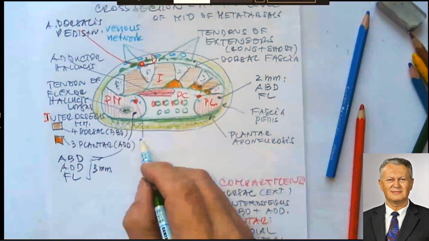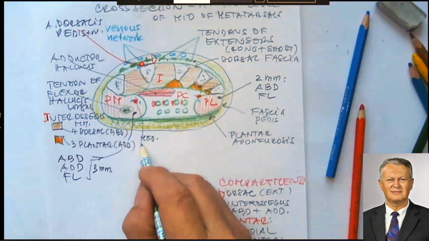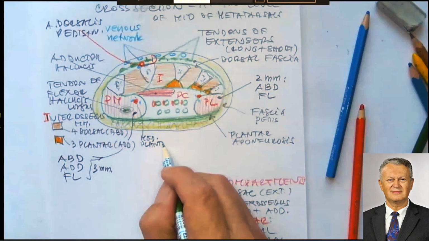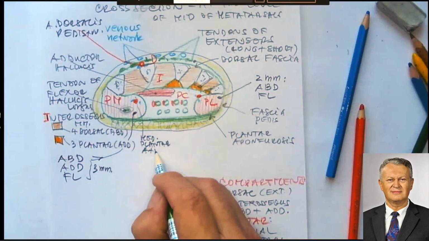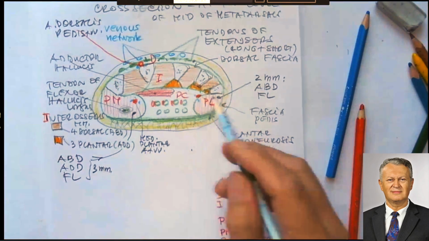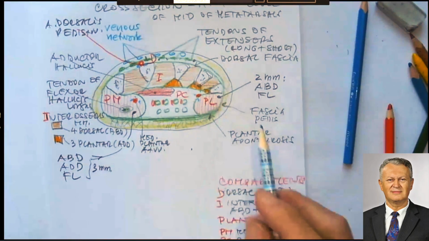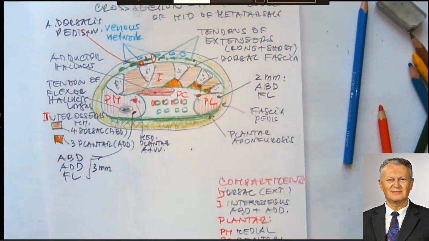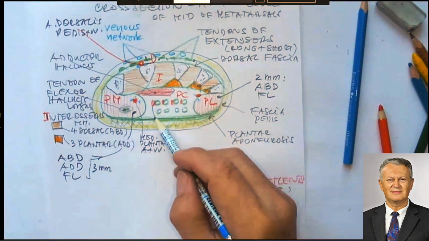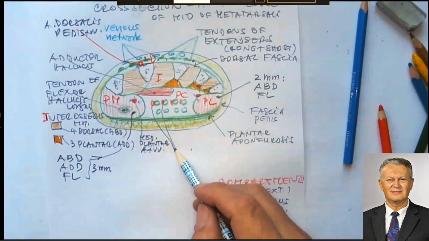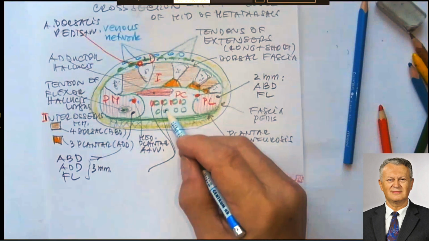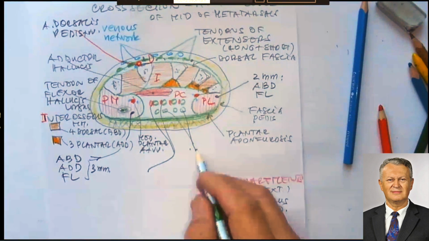So we could say that this is the medial plantar artery plus veins. This is lateral, and mid-space contains, and then look, I try to draw just 2 lines and another 2. Fine.